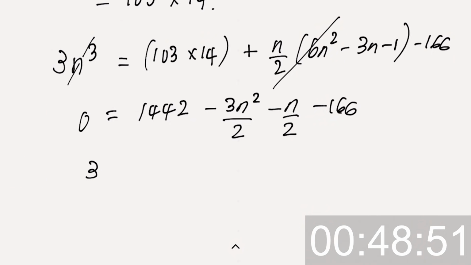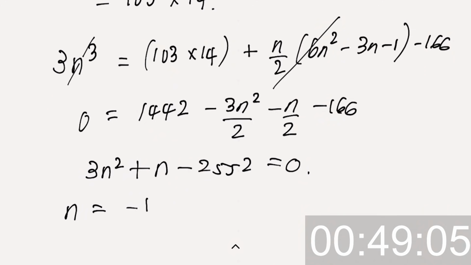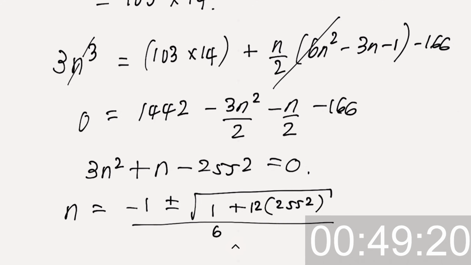So I think you get 3n squared plus n minus 2552 is 0. Not a nice equation, but quadratic equation says that n is therefore minus b, minus 1, plus or minus the square root of b squared, 1, minus 4ac, so plus 12 times 2552, all divided by 6.